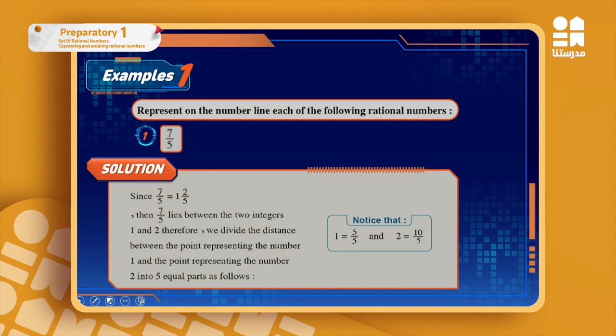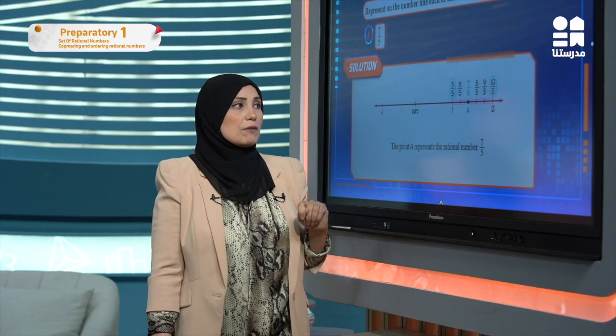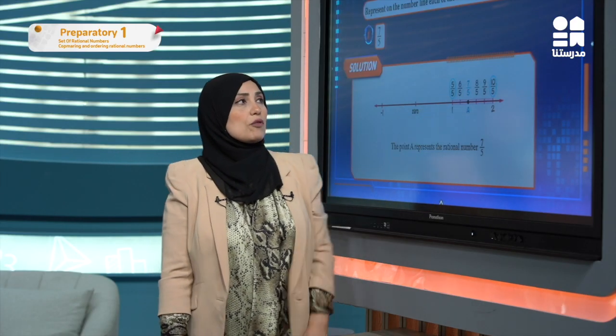We have to write the same denominator, which is 5, and the whole number is 1, then the remainder is at the top, which is 2. To represent it, I have 1 and 2/5, so it's greater than 1. Here we have 1. I'm gonna move to the right to get 2 parts. And take care, here we have to divide from 1 to 2 into 5 parts. Why 5 parts? Because the denominator is 5. Here it is, 7/5.